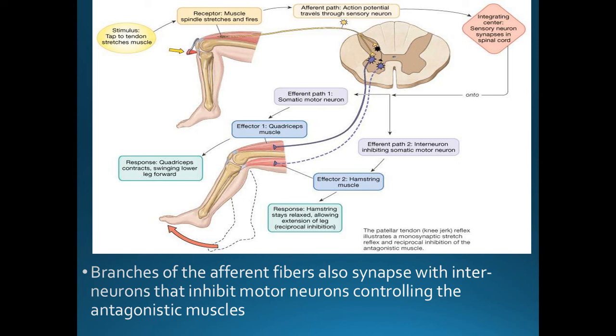This pathway is the afferent path. The action potential travels through sensory neurons to the integrating center, where the sensory neuron synapses in the spinal cord, in coordination with the pathway of the somatic motor neuron that can affect the quadriceps muscle. The response: the quadriceps contract, swinging the lower leg forward.